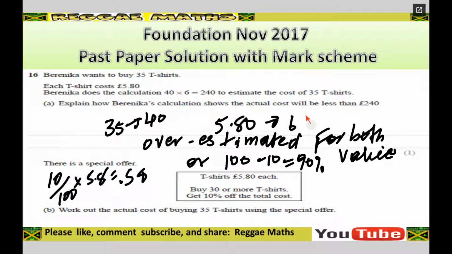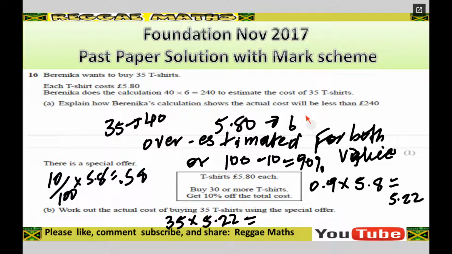And then you do 5.8 times 0.9, which equals 5.22. Then you do 35 times 5.22, which equals 182.7.